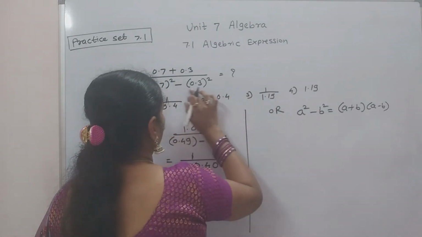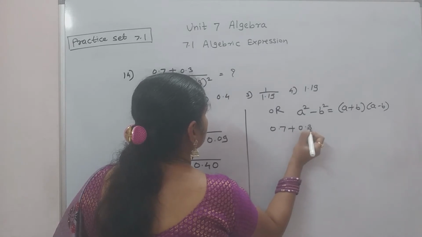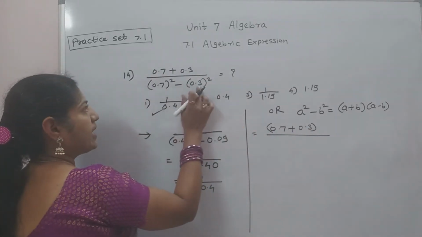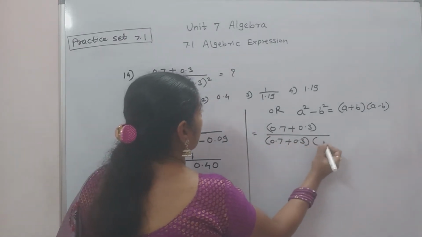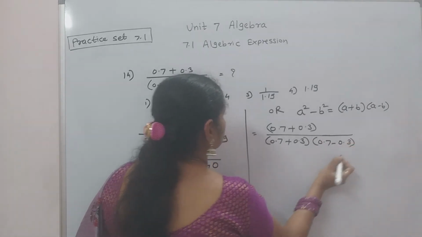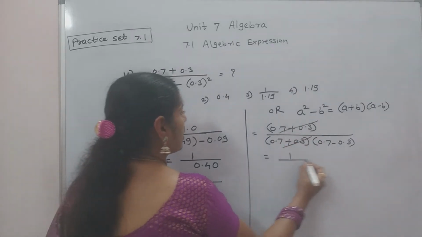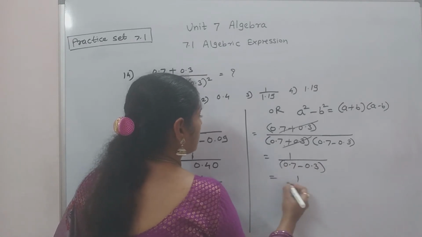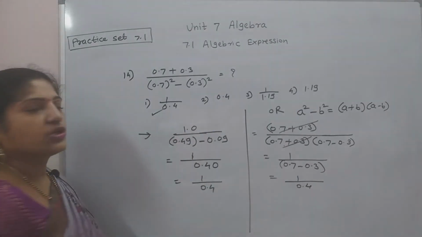Use this formula here. 0.7 plus 0.3 in bracket upon a square minus b square, addition of two numbers, then subtraction of two numbers. These two brackets are equal, so cut these two brackets. Now 1 upon 0.7 minus 0.3, that is 1 upon 0.4. Our answer is option number 1.